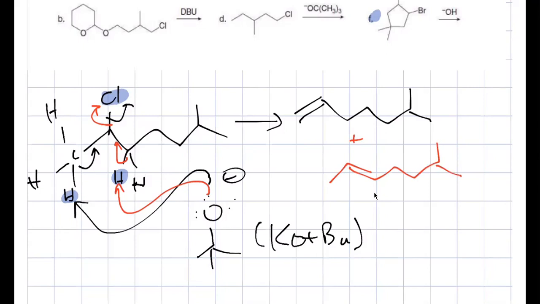Question is, which one is major and which one is minor? What do you think? Second one is probably the major. I agree. Right? You see how your double bond here is di-substituted?